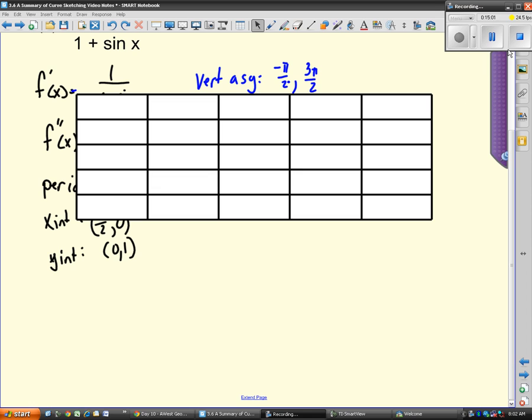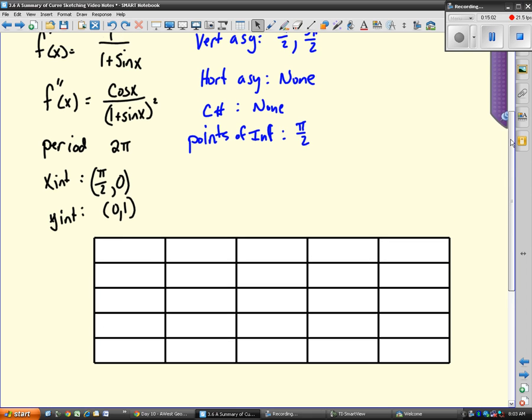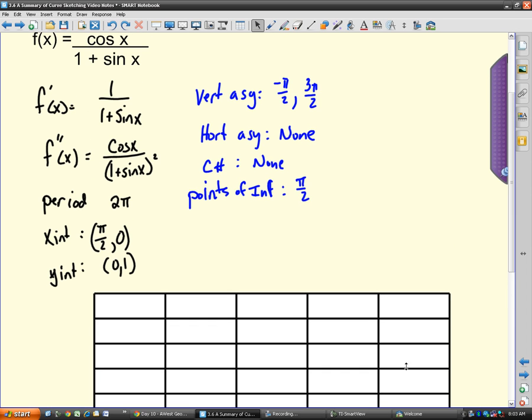And so we're going to have an interval. We're going to start with x equal to negative pi over 2. And then we're going to go from negative pi over 2 to pi over 2.